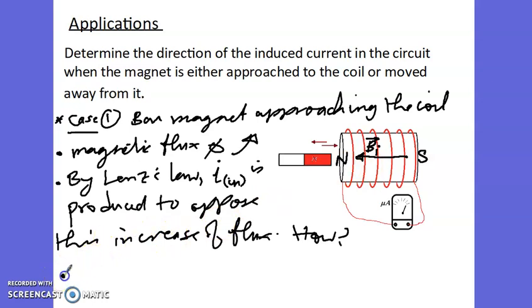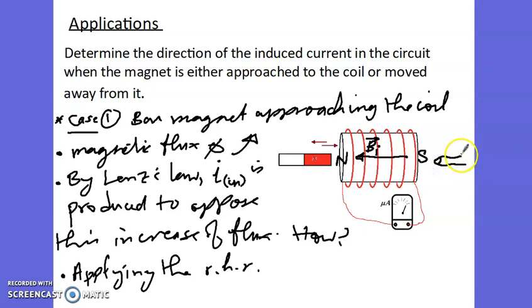How? Step 3, applying the right hand rule. Clear? In the same way you applied it to find the positive sense of the coil. Now, look at B. This is your thumb, which points in the sense of B. Now here are the four fingers of your right hand.